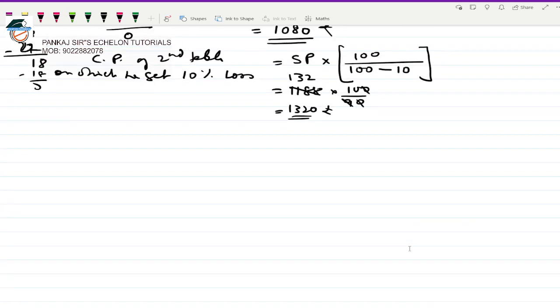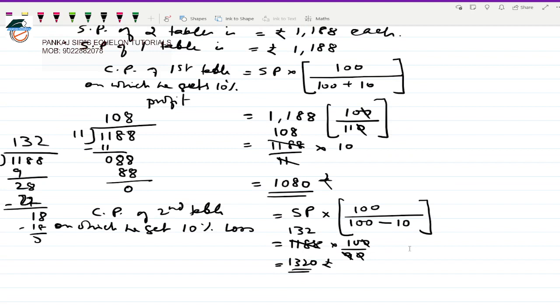So now you can see that the cost price of two tables will be equal to 1080, that's the cost price of the first table, plus 1320, that's the cost price of the second table. So you have to add the cost price of both the tables.